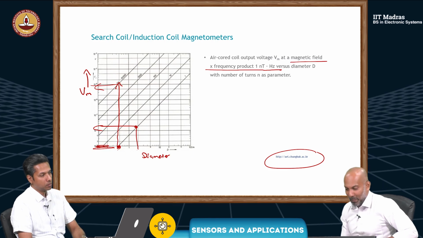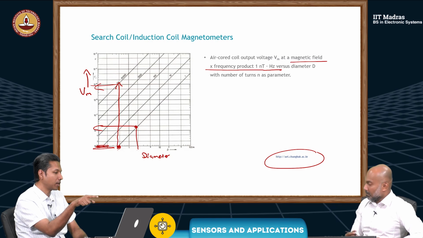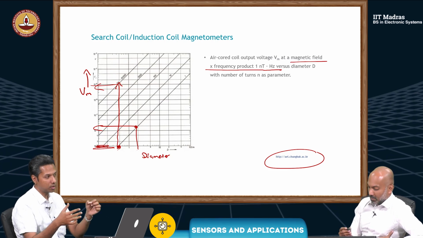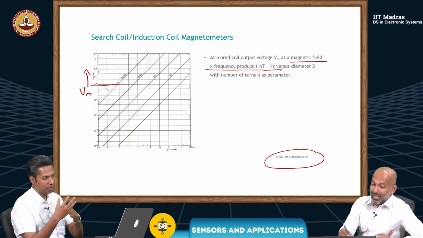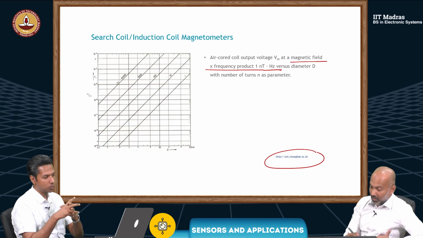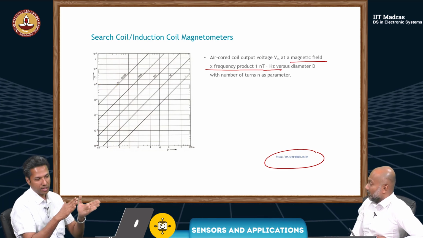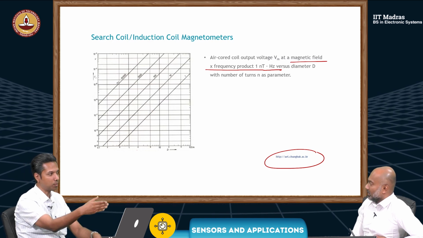Again, just an example. One can use this plot to find out, suppose I want, let's say, 100 millivolt output for a desired value of B. I can decide what's the probable area and the number of turns.